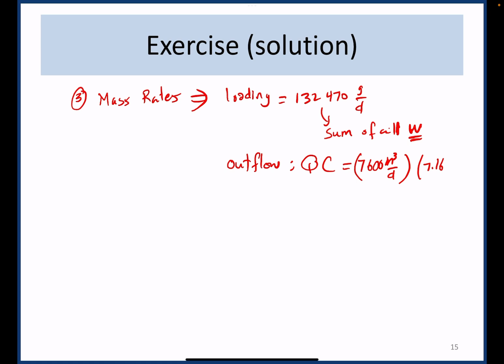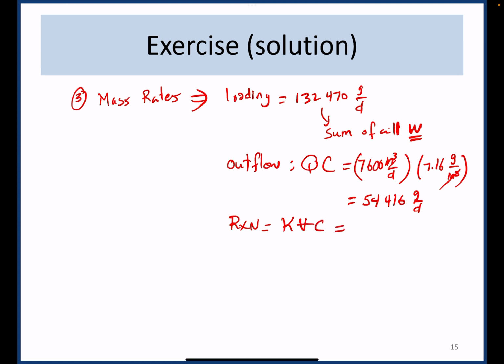Now we're going to make it as gram per meter cube, which is the same as milligram per liter. Meter cube with meter cube, that's going to be gram per day. If you multiply this by this, it's going to give you 54,416 gram per day.